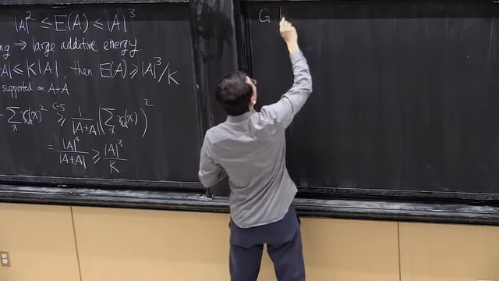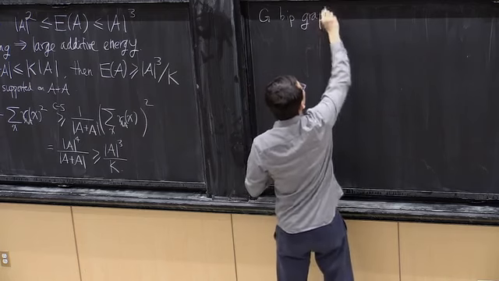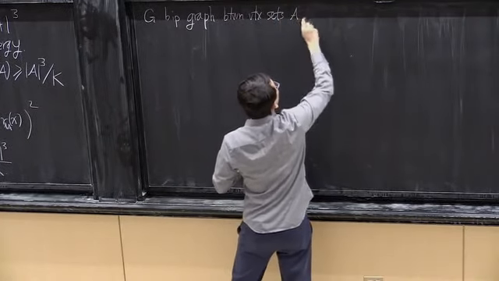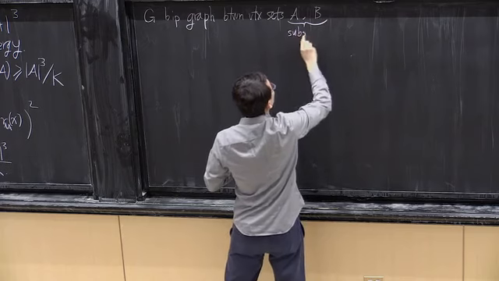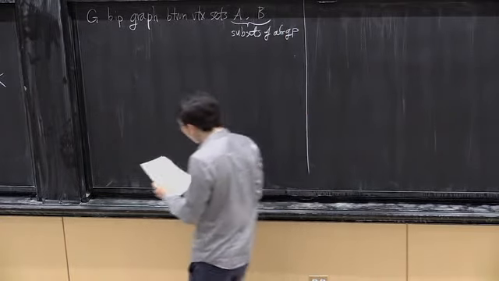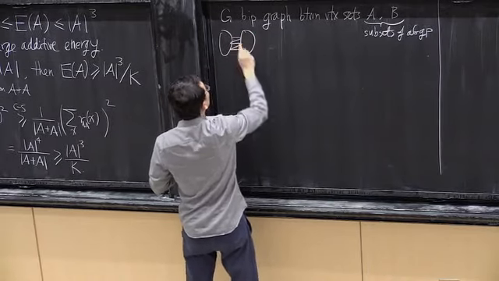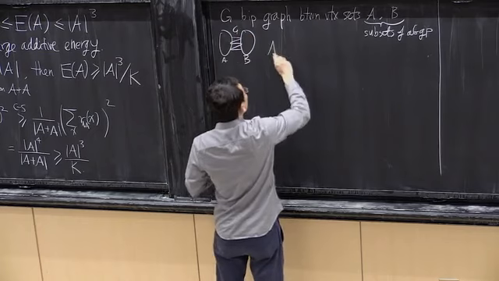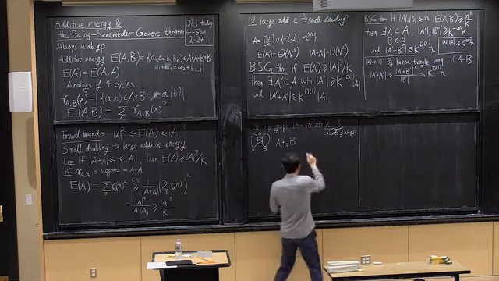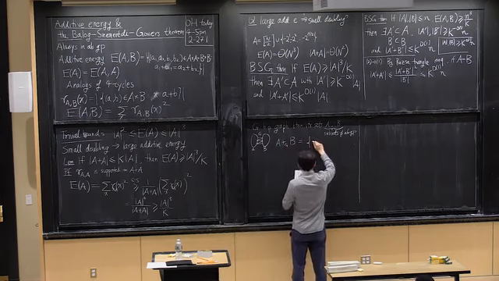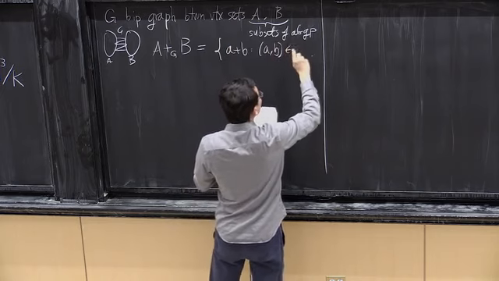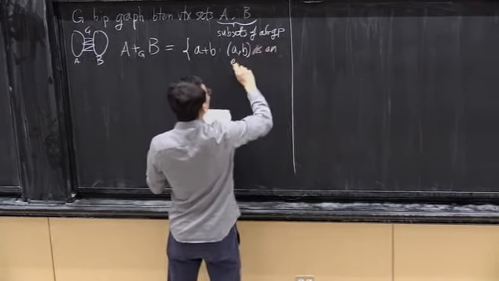If G is a bipartite graph between vertex sets A and B, where A and B are still subsets of the abelian group, we define the restricted sum set, A plus sub G of B, to be the set of sums where I'm only taking sums across edges in G.